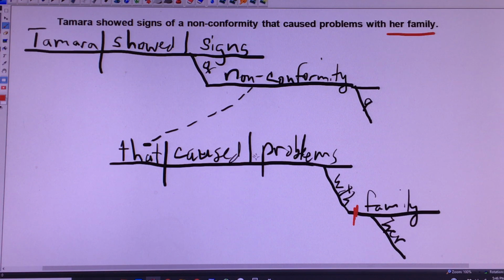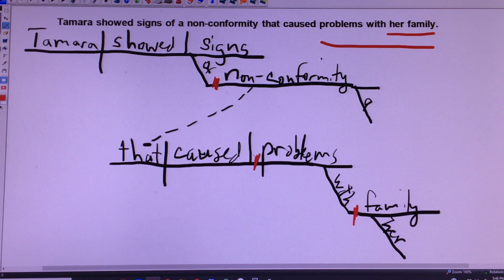And then if we broke it off here in front of the noun problems, what we'd be waving around if we hadn't already broken that off, is problems with her family. So her family is inside the noun phrase.